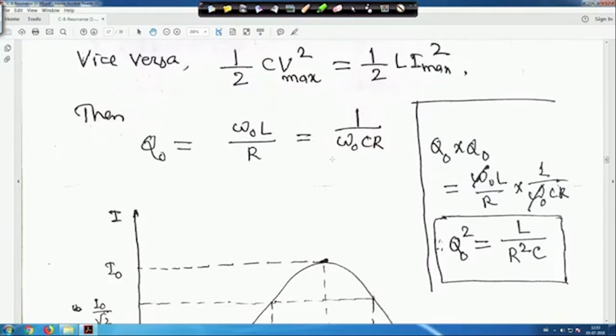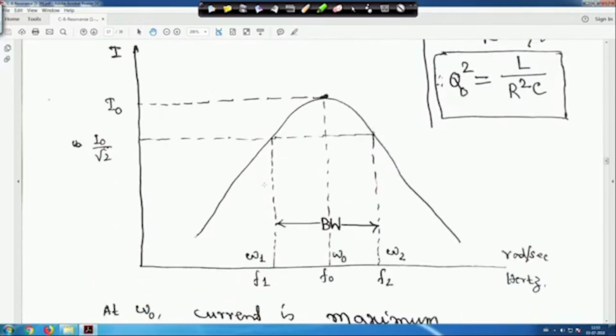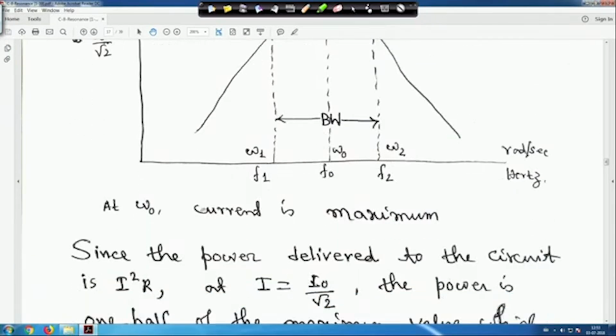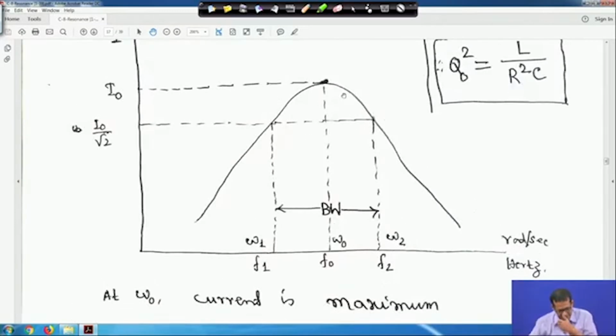So, now this is your Q 0. Now, the question is, before coming to this figure, suppose at omega 0 the current is maximum, because for the resonance circuit we have seen that at the resonant frequency of a series RLC circuit, XL is equal to XC. So in that case the current is maximum, and say it is I 0.